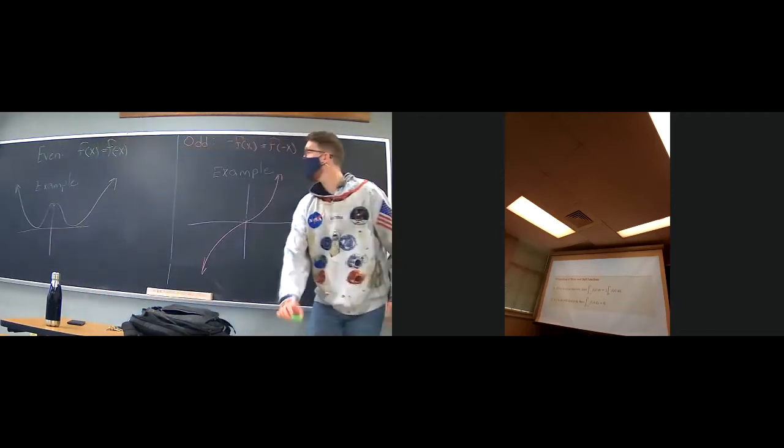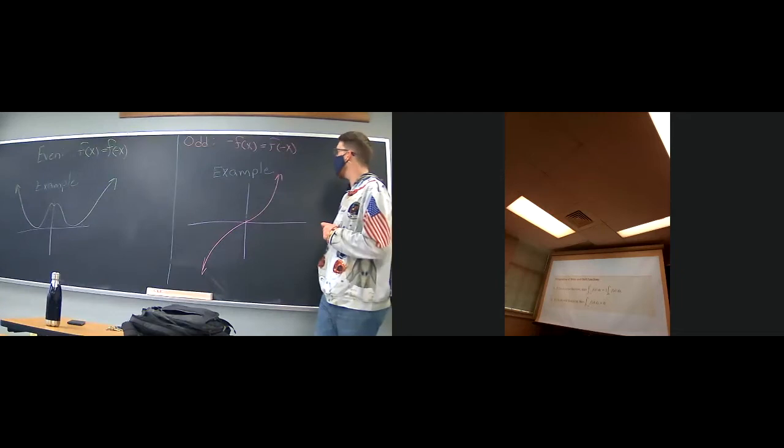So these things have some special properties, and they all come from the way area behaves given these reflections. If we were going to take some a value and some negative a value, and find the area between these x values, notice what happens.